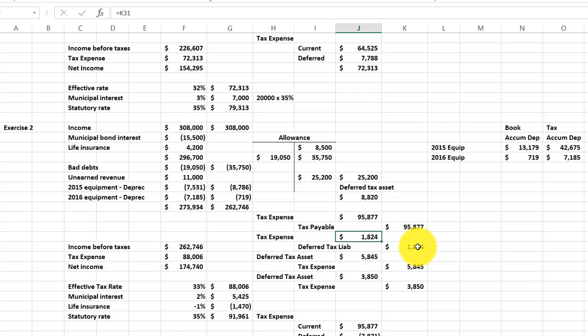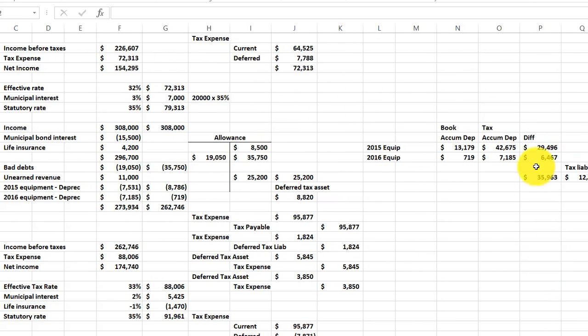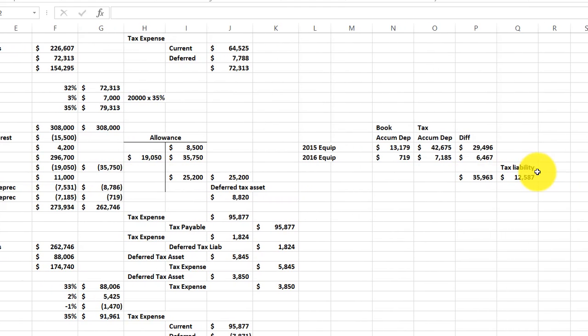Our liability, looking at the depreciations together, we notice that our cumulative difference in our depreciation is $35,963. We multiply that by the tax rate, and that gets you $12,587.